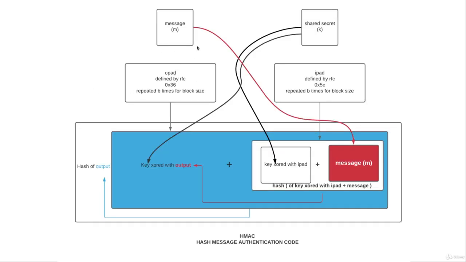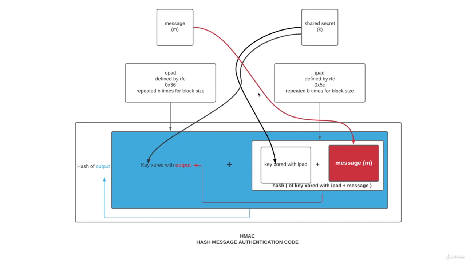This is called the hashed message authentication code, short for HMAC. In this method, the message gets scrambled and the keys get scrambled as well. There are two paddings that are used: an internal padding and an external padding. Those are well known and defined by the RFC.